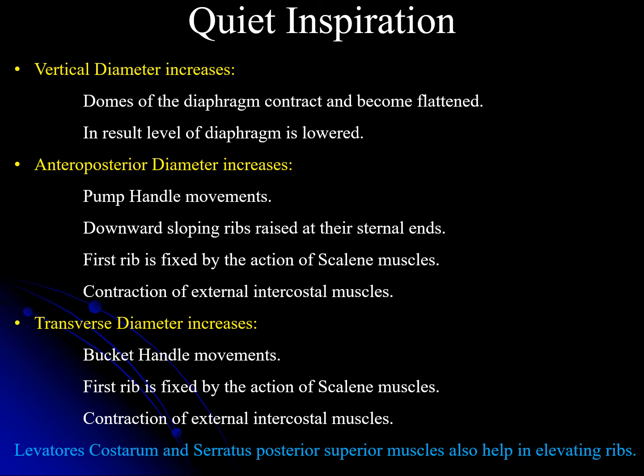Along with that, levator costarum, which we studied in the previous lecture, and serratus posterior superior also help in elevating ribs, but they perform only a very minute function. They are not very active muscles in inspiration.